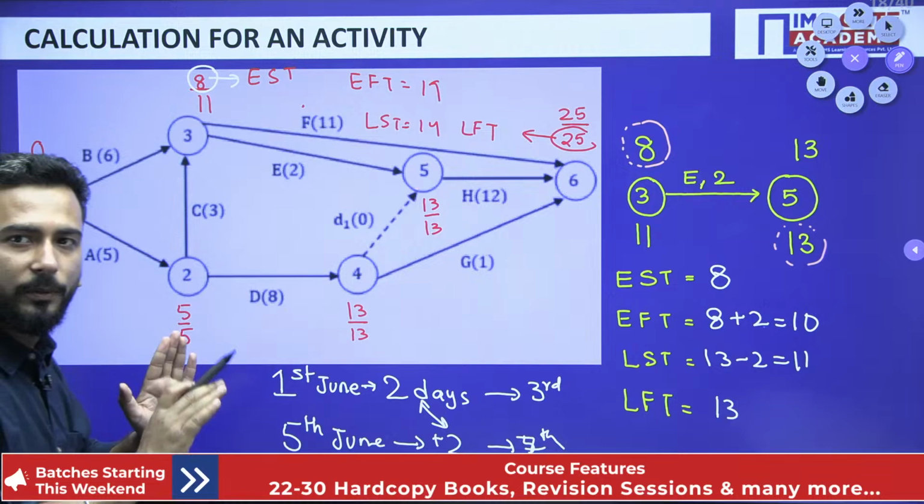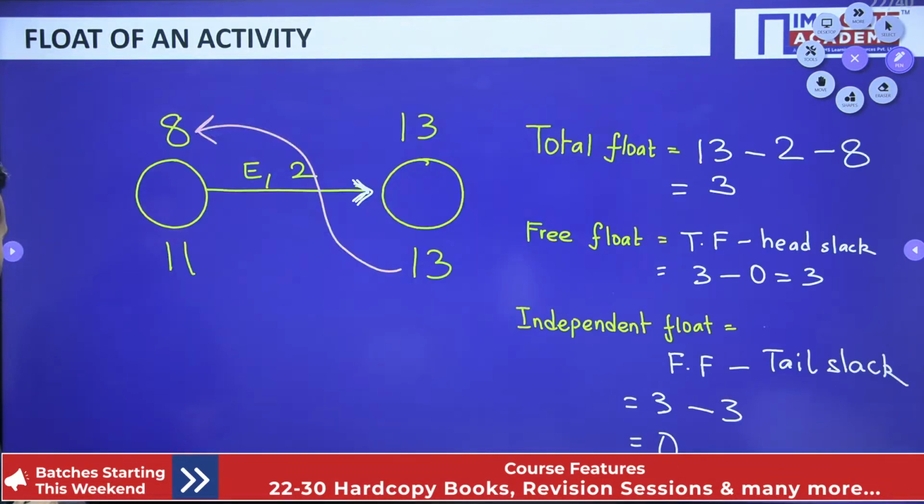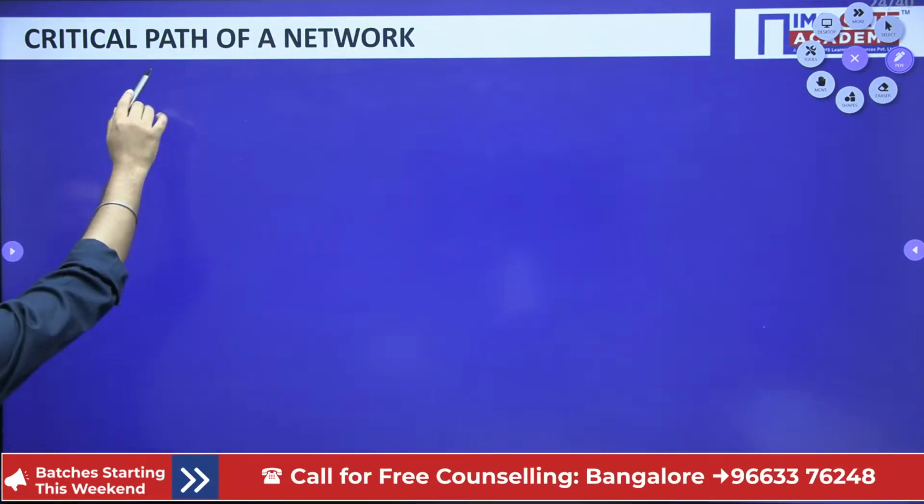So my dear friends, this is the conclusion of the entire discussion. So what is the critical path of a network?